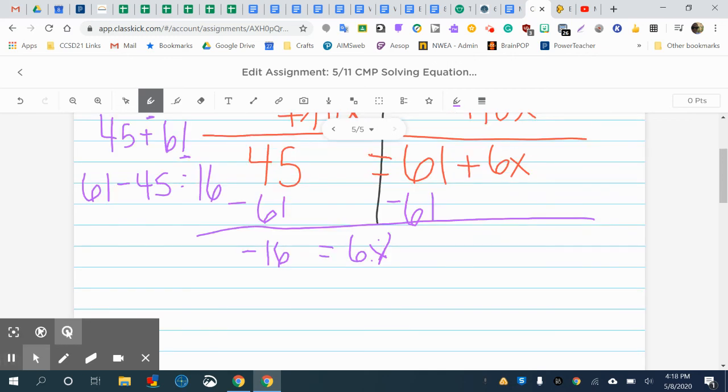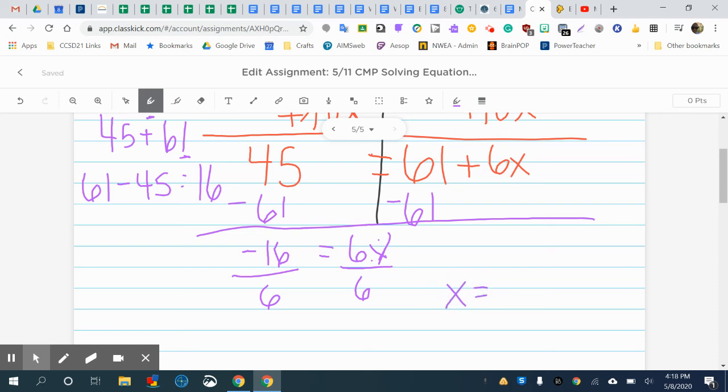Last step, I need to divide by the number next to the x, 6x, so I'm going to divide by 6. Whatever I do to one side, I do to the other. Negative 16 divided by 6. Be careful on this one. It is a negative divided by a positive.